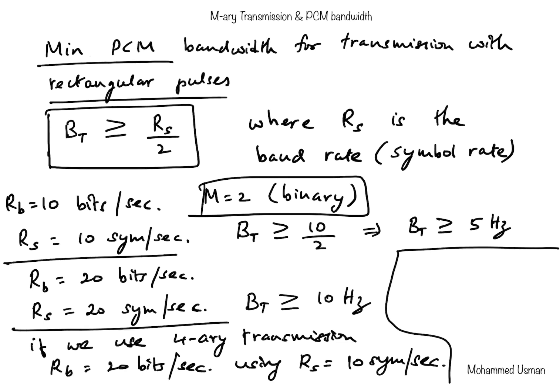In this case, the transmission bandwidth BT would be Rs by 2, and because Rs is still 10 symbols per second, 10 by 2 would still be 5 hertz. So by using M-ary transmission, we are able to increase the bit rate without increasing the required bandwidth for communication. So that is the purpose behind using M-ary transmission.